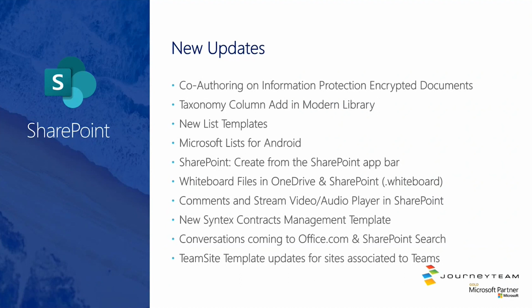Microsoft Lists now has an Android app, so you can access your SharePoint list from within a single interface within Android. If you haven't noticed in your SharePoint sites, the app bar on the left-hand side has evolved, and it now includes a lists area and another button to create a bunch of stuff, all from the app bar.